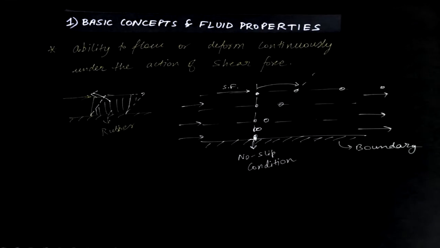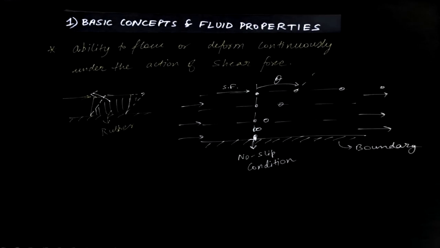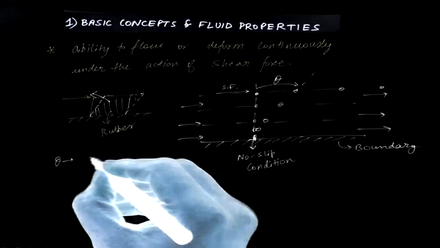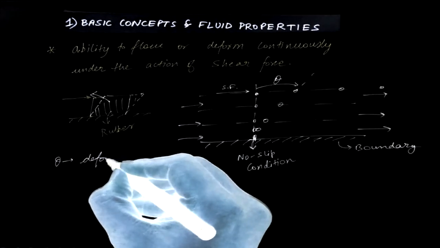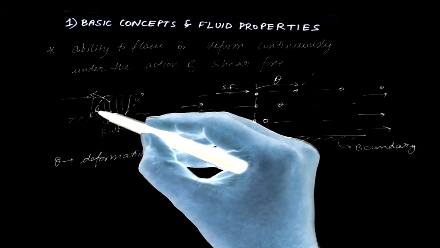Now since the deformation is continuous here with respect to time, instead of talking about this angle, because it is not at all constant, we go for the rate of deformation. This theta used to give us the deformation in the solid case.